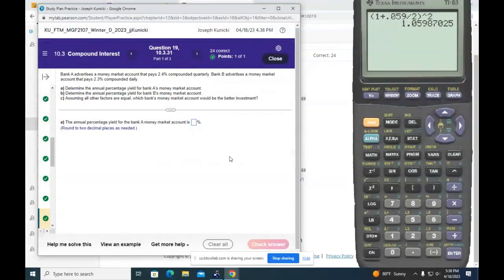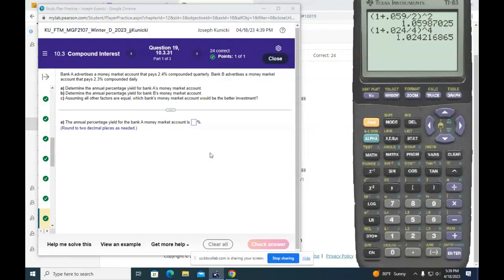We'll do another one here, or another couple of examples. So Bank A advertises a money market that pays 2.4% compounded quarterly. That's N equals 4. And Bank B advertises a money market account that pays 2.3% compounded daily. Determine both of their APYs. All right, so for A, it's 1 plus 0.024, and it's compounded quarterly, so divided by 4, caret 4.